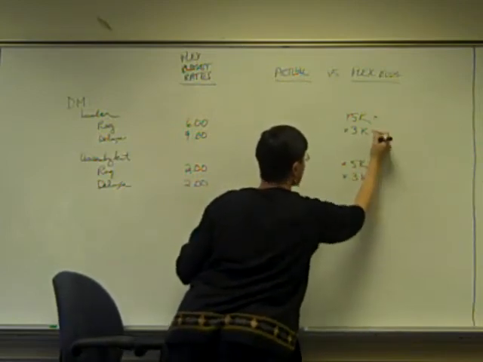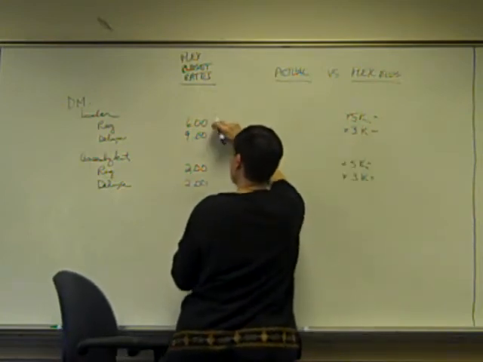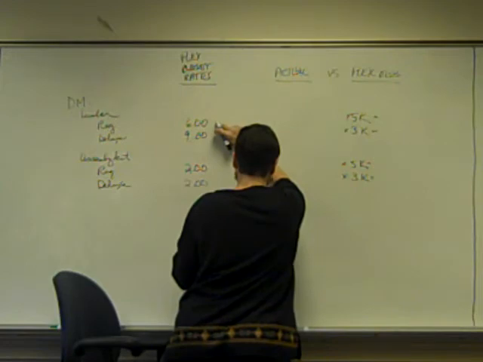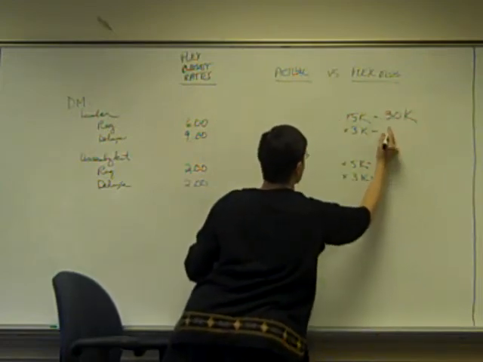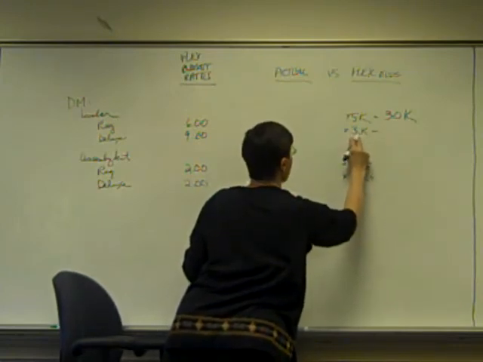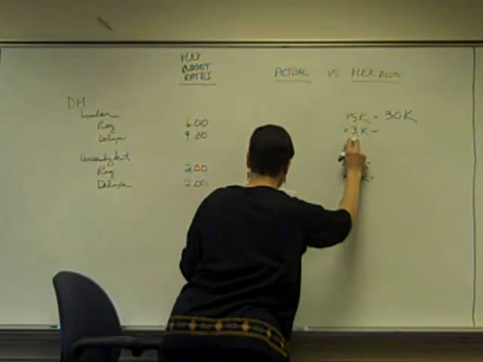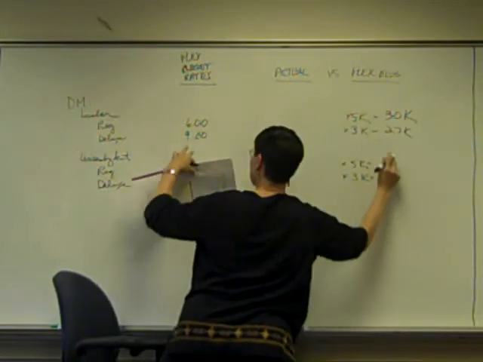So budgeting wise, if we made 5,000 regular and we should have spent $6 per unit, for what we actually made, we should have spent 30,000. For the lumber, for what we actually made, notice this is not what we planned to make. This is what we actually made. We should have spent 27,000.